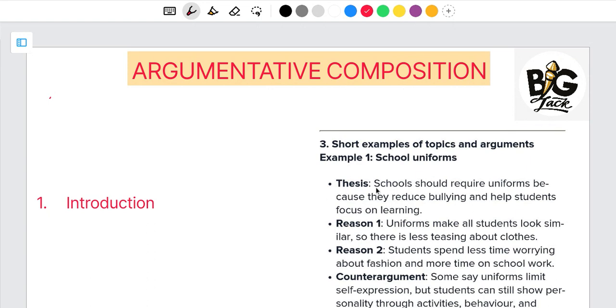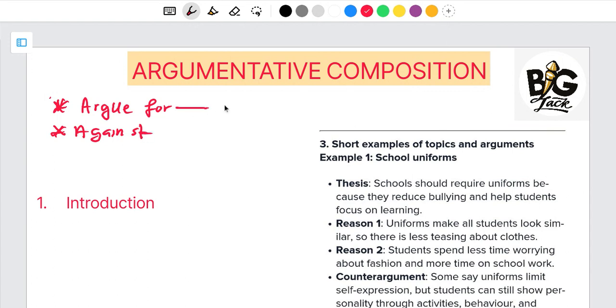Argue for or against. Under argumentative composition there are only two stands, and from those two you have to choose one. You have to argue for or against.